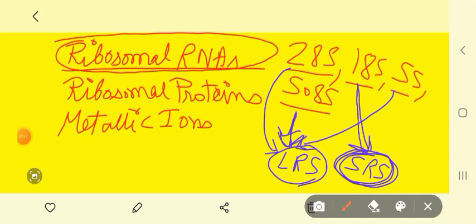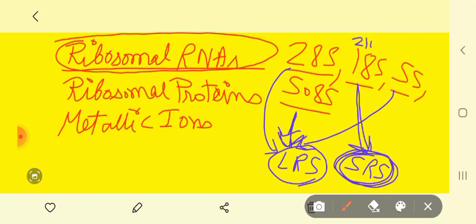Now, about how many ribonucleotides make up the 28S rRNA, not much information has been given. The 18S rRNA consists of 2,100 ribonucleotides.